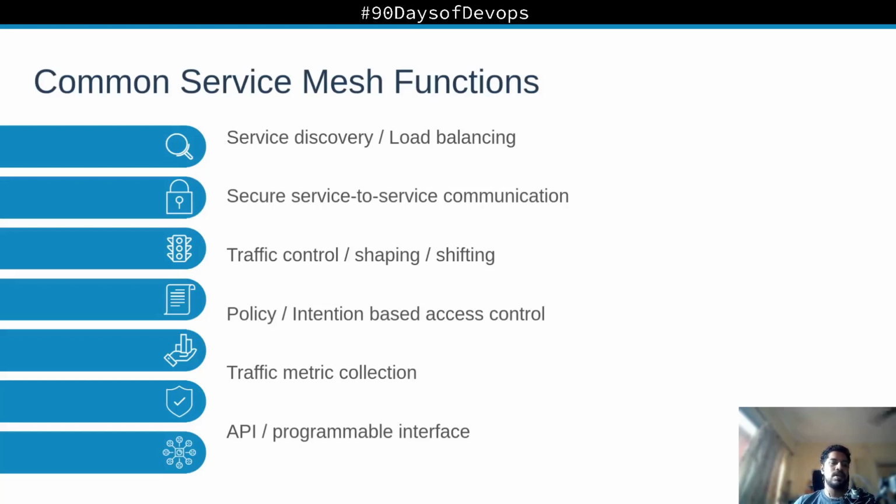That's also a common service mesh function, along with policy-based, intention-based access control, traffic metric collection, and an API programmable interface. All these together make up a service mesh. Most of these functions depend on which service mesh you're using, as they take different approaches to things. The one that we're talking about today in this presentation is Istio service mesh.